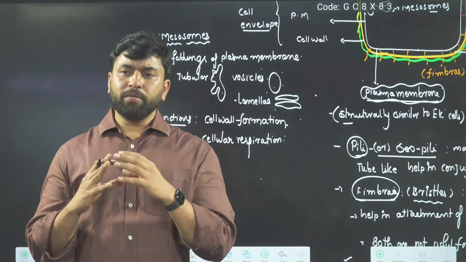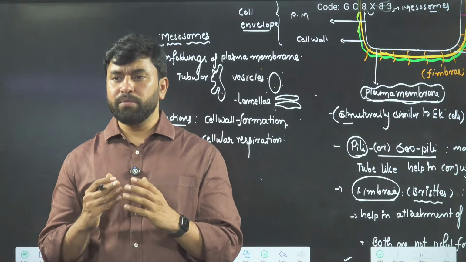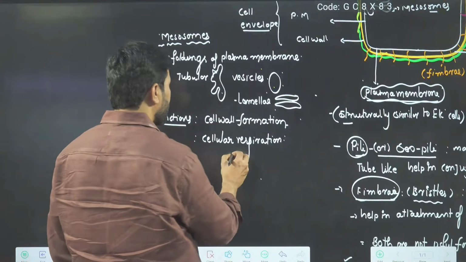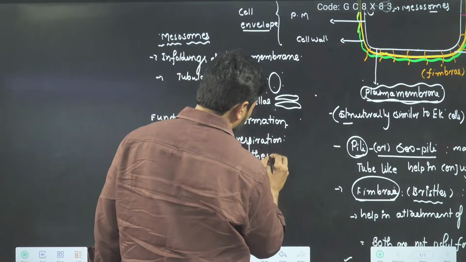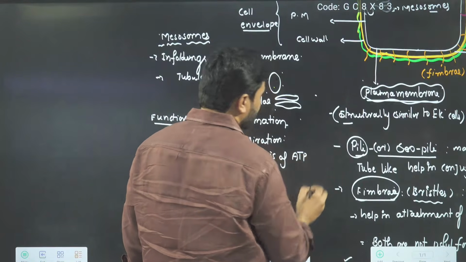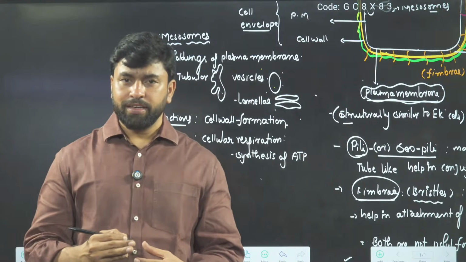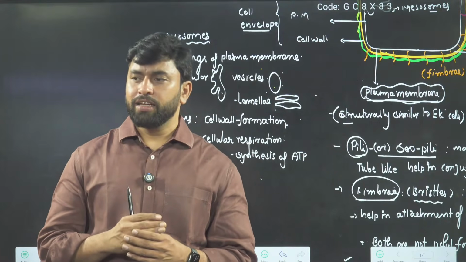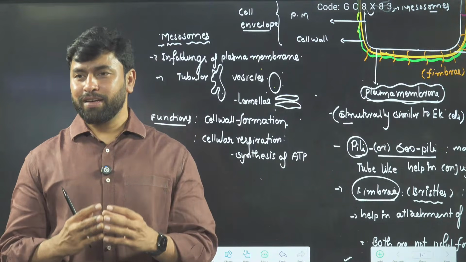If you are talking about mesosomes at the site of cellular respiration, what does that mean? They are responsible for synthesis of ATP. When it comes to the word ATP, you can directly correlate in a eukaryotic cell, the ATP machinery is mitochondria.